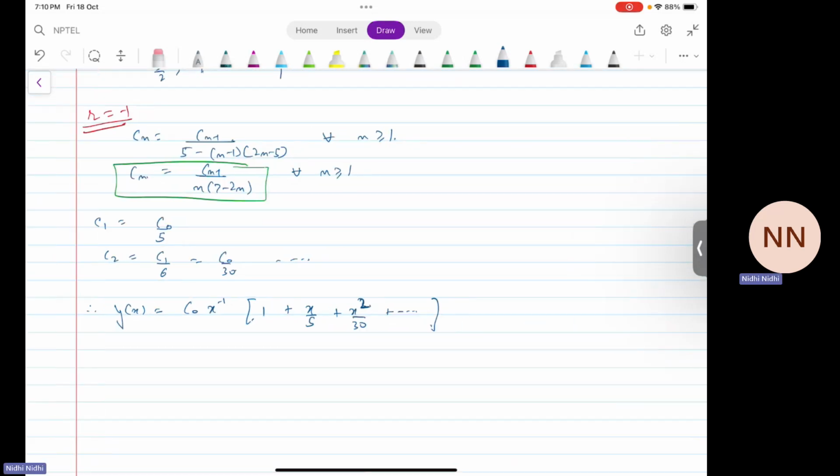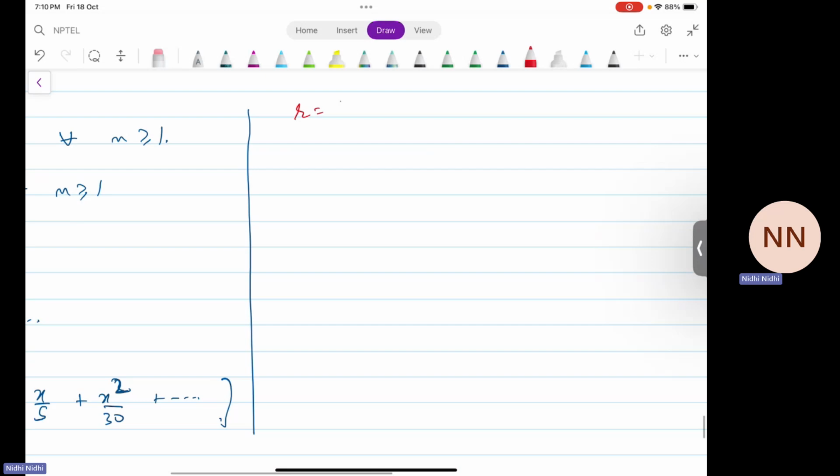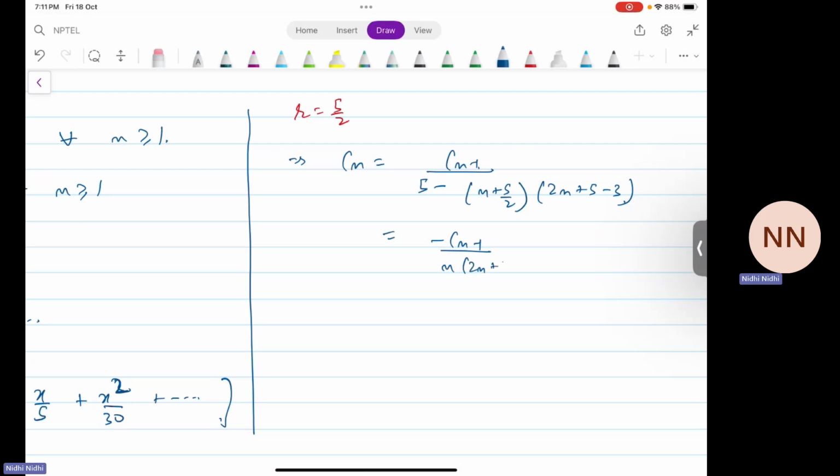Then let's see what happens for the case r equals 5 by 2. In this case, we get Cn equals Cn minus 1 divided by the expression in n, which is basically minus Cn minus 1 by n(2n plus 7).